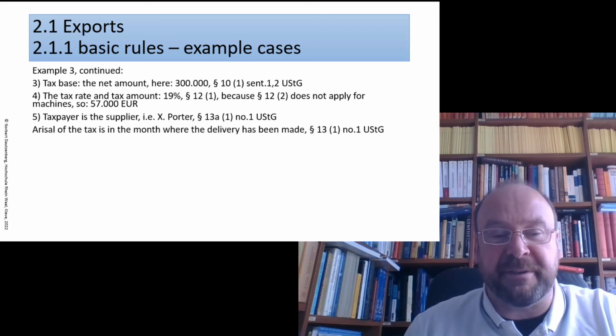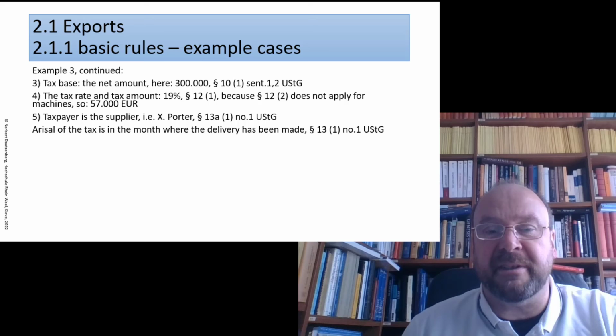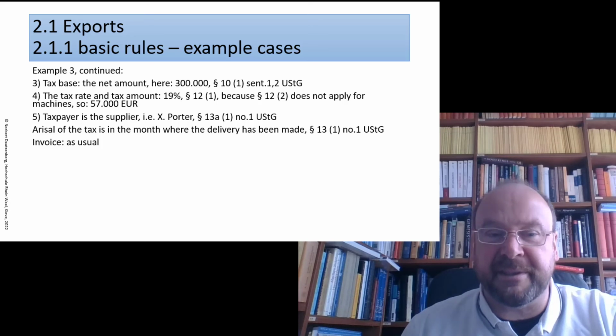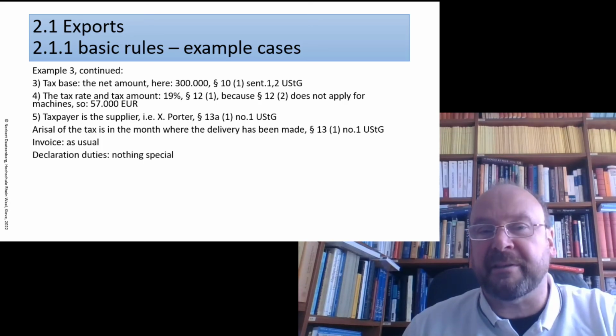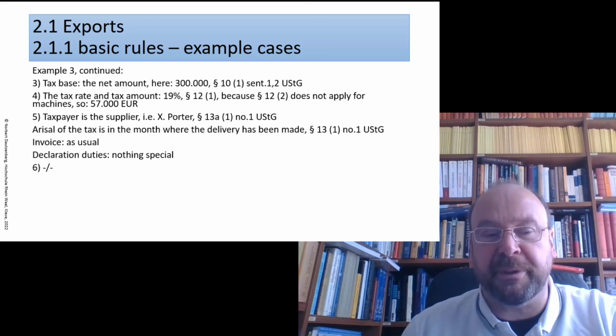The arisal of the tax is in the month where the delivery has been made, paragraph 13.1, number 1. The invoicing happens exactly as usual. Declaration duties are nothing special, everything as always, no peculiarities like wrongly issued invoices or other stuff.